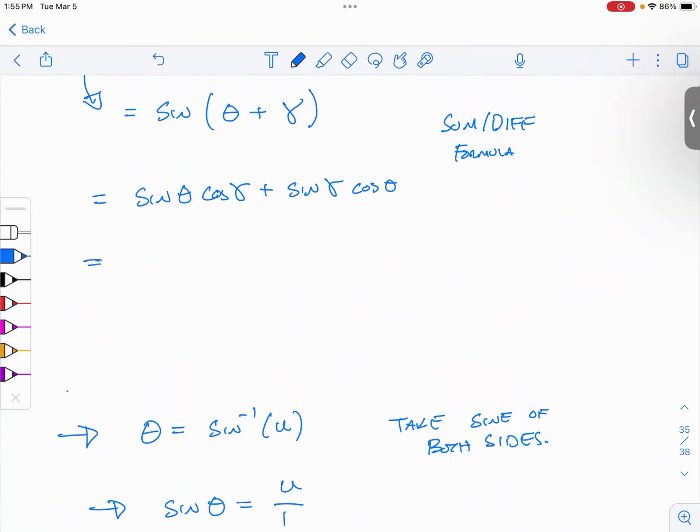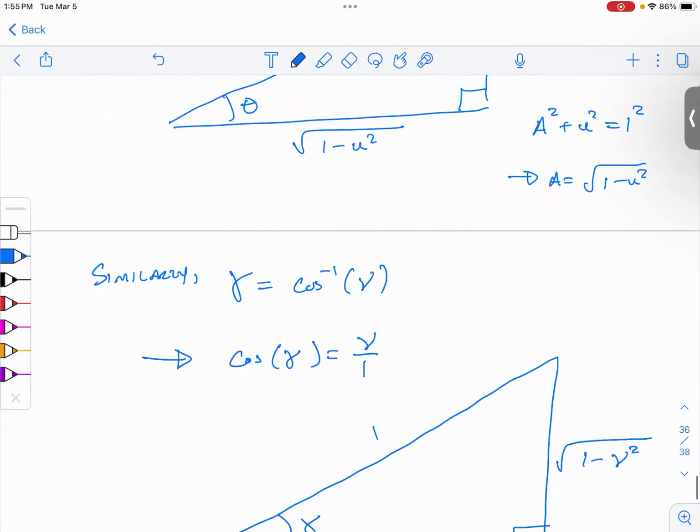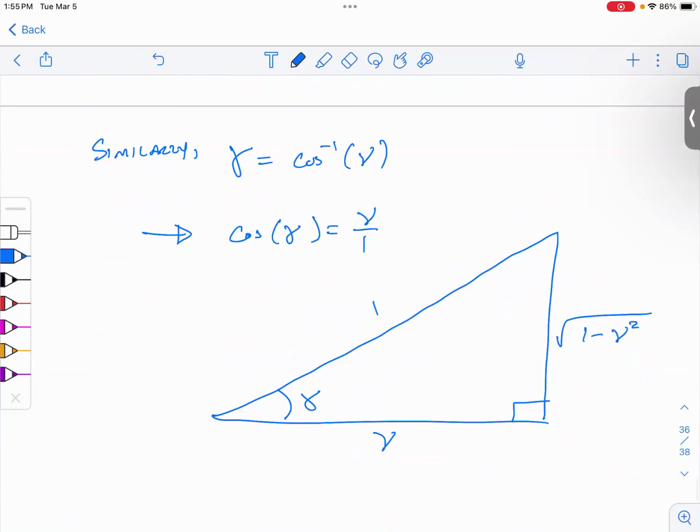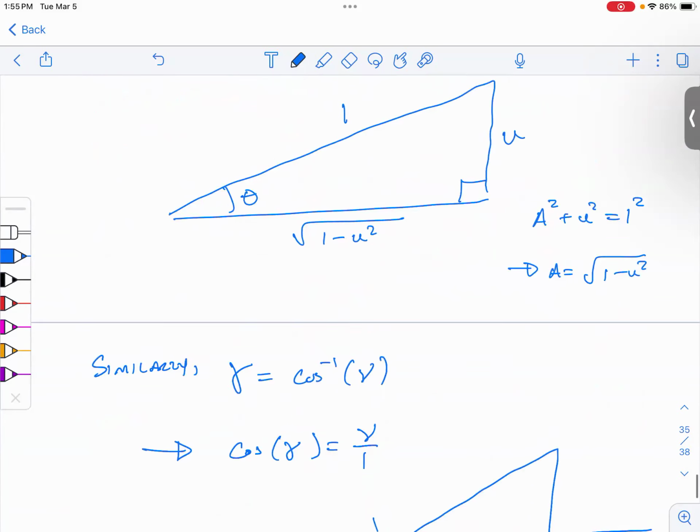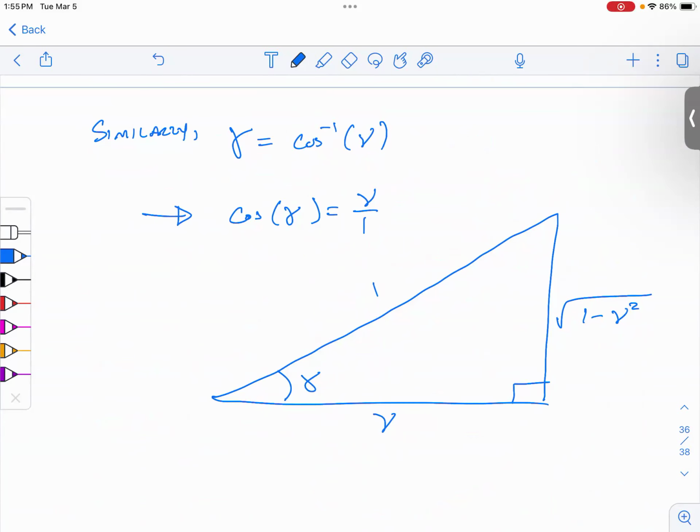And now I can just plug these in a piece at a time. So that one's u over 1. What was cosine of gamma? v over 1. What is sine of gamma? Square root of 1 minus v squared over 1. Opposite over hypotenuse.